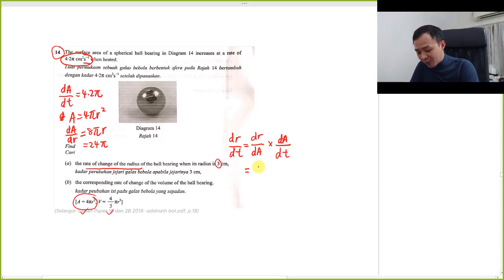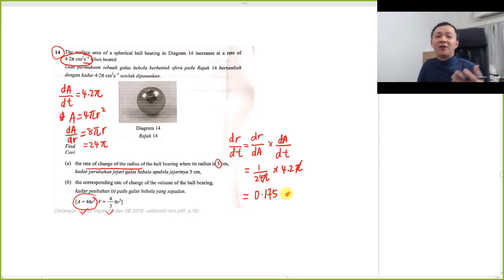Flip over, this will give you 1 over 24 pi. dA over dt is already 4.2 pi, so pi and pi I simplify. Basically what I get is 4.2 divided by 24, which is 0.175. Alright, this is the rate of change of the radius. This is how we find it using the chain rule.